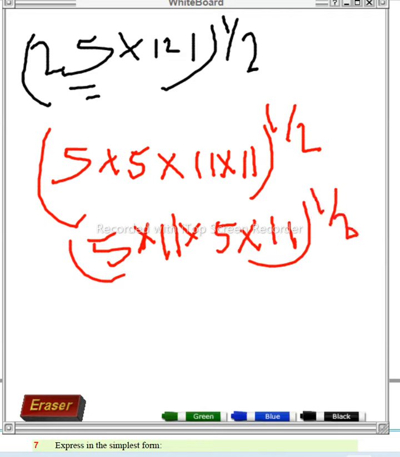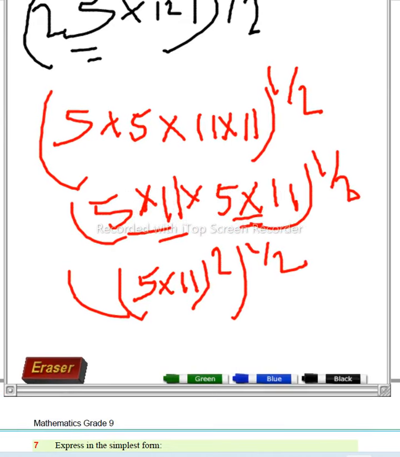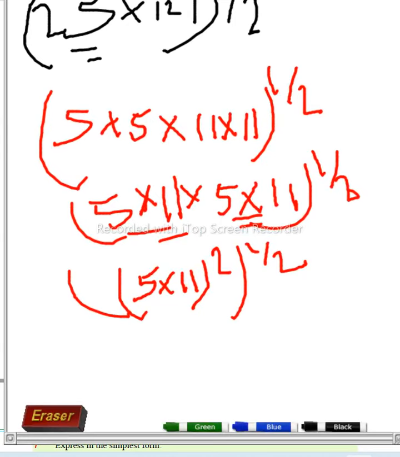We can take the power of 2 for one of them because they are the same: 11 to the power of 2, and 5 to the power of 2. So again the power of 1 over 2.